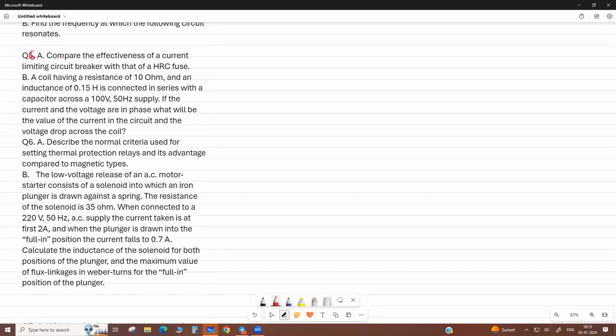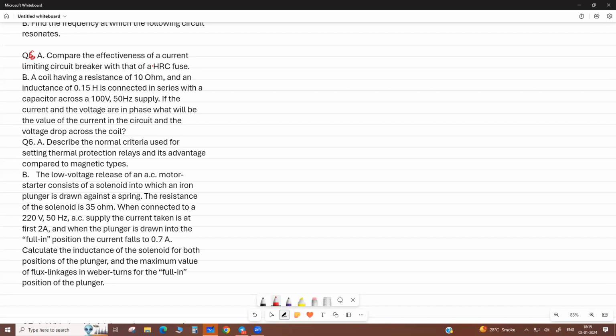This sixth: compare the effectiveness of current limiting circuit breaker and HRC fuse. This is the comparison. Okay. So you know, HRC fuse is detect and prevent, with this fuse wire only. But in circuit breaker, your relay senses the fault, then the trip coil operates the breaker.